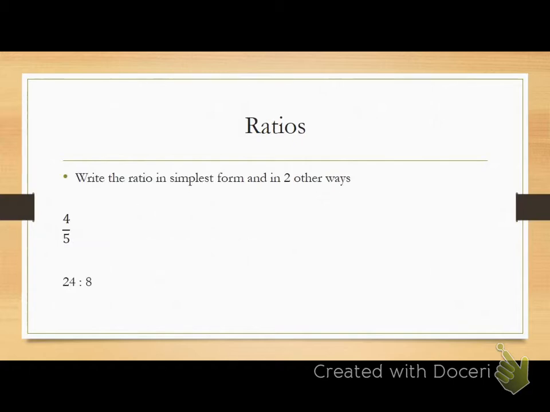So now let's do a couple more. Write the ratio in simplest form and in two other ways. Well, good news, 4/5 is already in simplest form. 24 to 8 might be a different story. Go ahead and solve these two, please. All right, so 4/5 we write 4 to 5, 4 colon 5. 24 to 8, we're going to write 3 to 1, 3 to 1, and 3 colon 1.